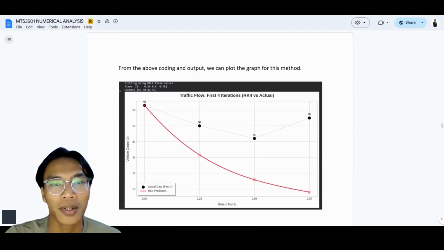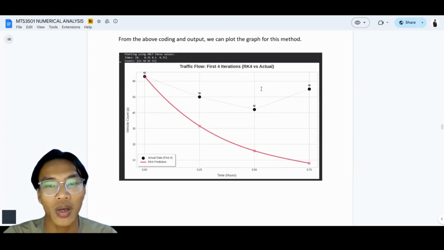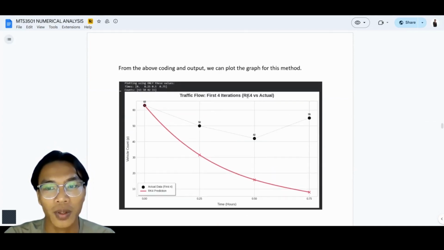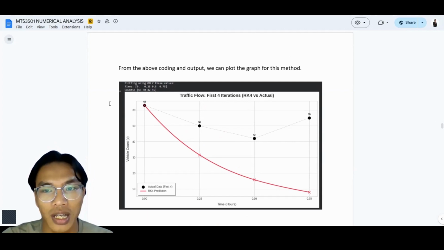So, from the above coding and output, we can plot the graph for this method. However, if you look at the graph plotted from these values, we see an interesting divergence. The red line shows the RK4 prediction, a smooth, perfect exponential decay. But the black dots represent the actual data provided.